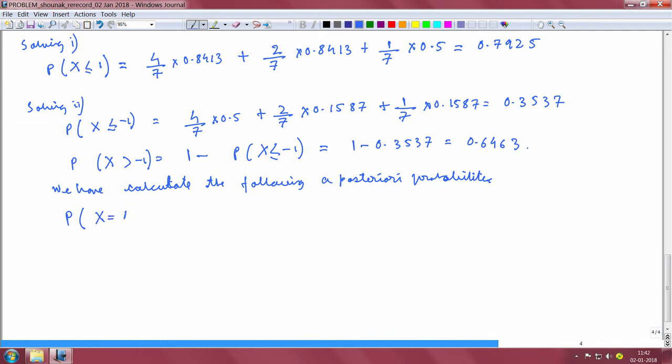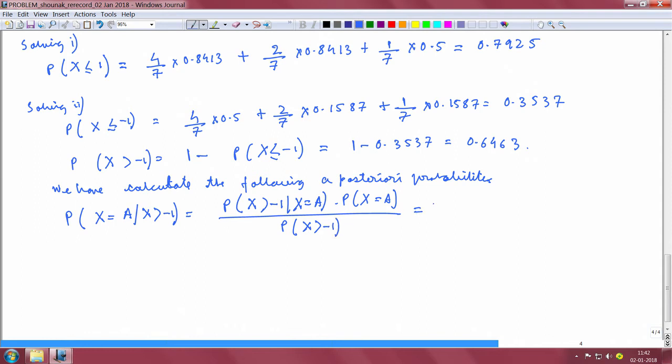that is, the probability that A was transmitted, given x greater than minus 1. By the standard conditional probability rule, it is the probability that x greater than minus 1 given x equal to A, into the probability that x equal to A, divided by the probability that x greater than minus 1.